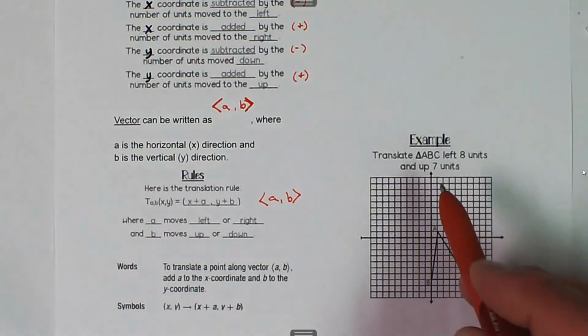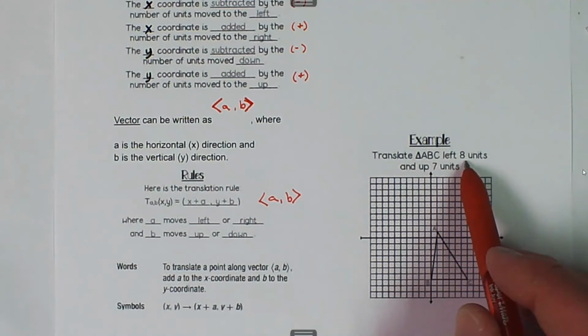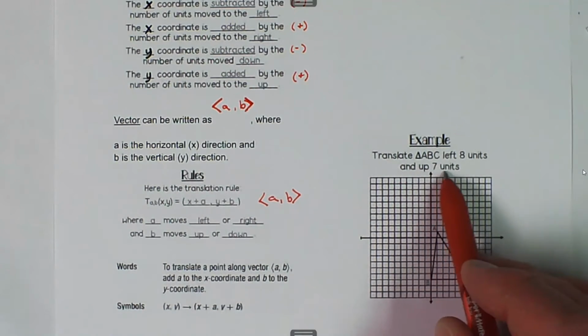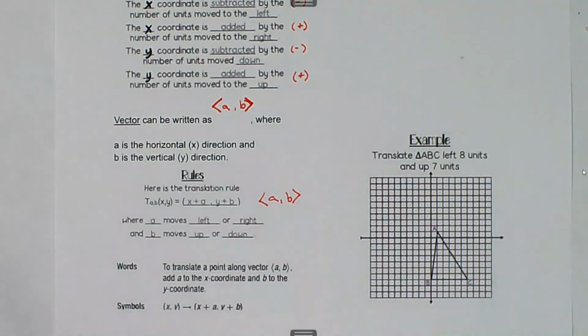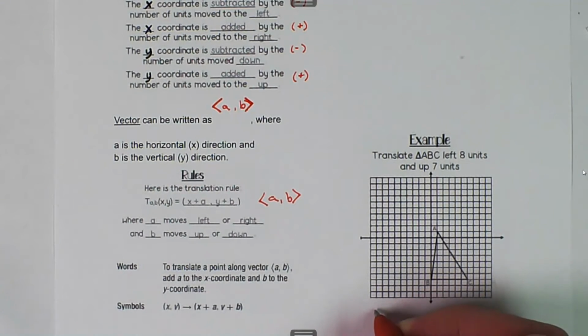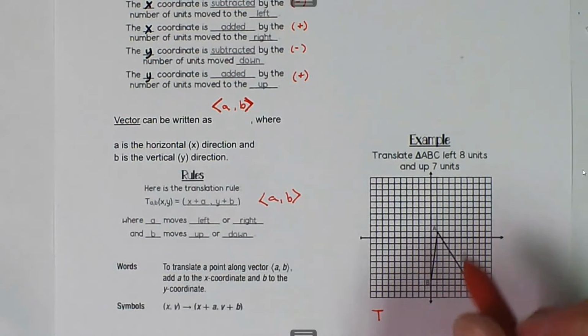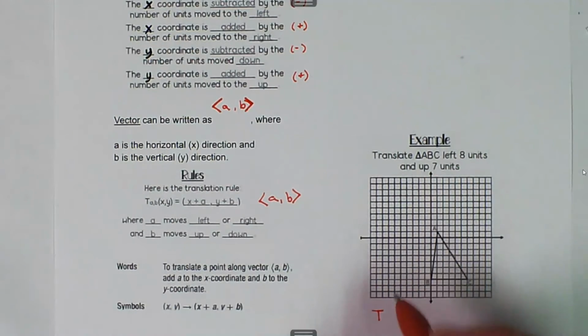So in this example, it says translate triangle ABC to the left 8 units and up 7 units. So we could write it where we could say capital T, and we want to move to the left 8 units.